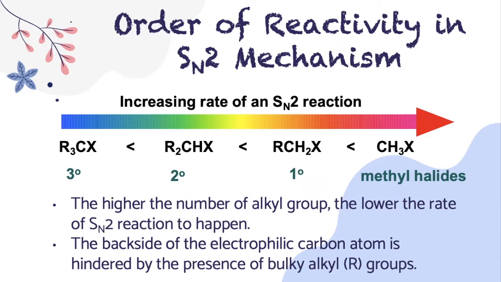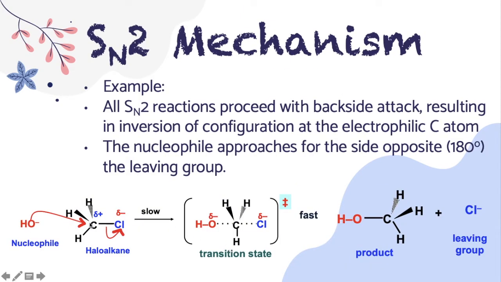So if the haloalkane has more alkyl groups, the backside of the electrophilic carbon atom is hindered by them. If you compare, this is the backside because we have the halogen in front.